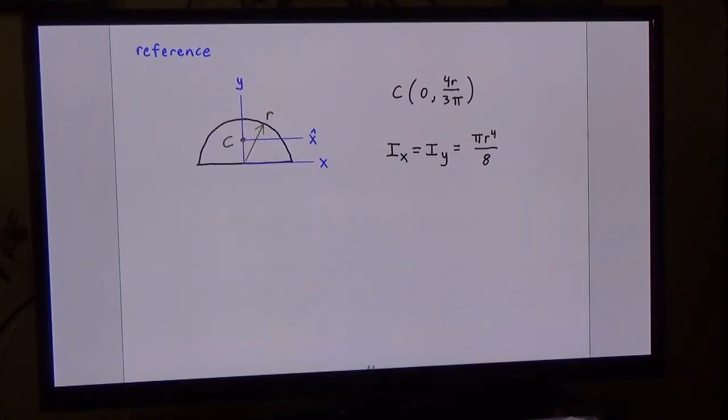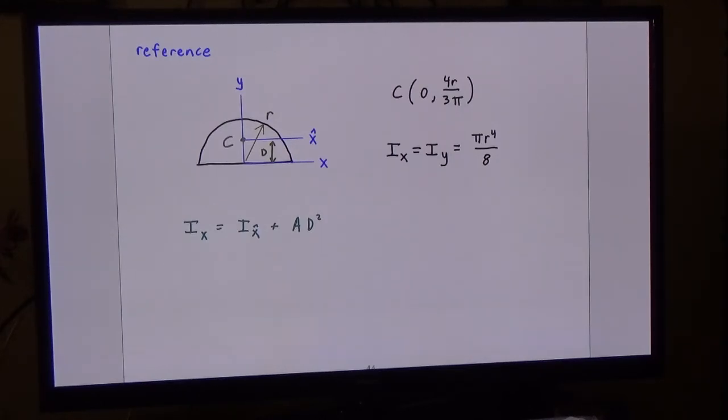So how do I do that? Well, I know I about x from the parallel axis theorem should be I about x hat plus area times a distance squared. In this case, the distance is going to be labeled d, the distance in between the x hat and the x-axis.